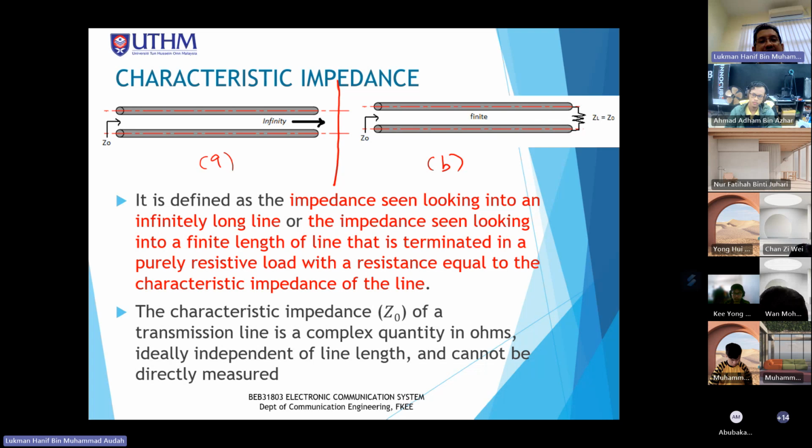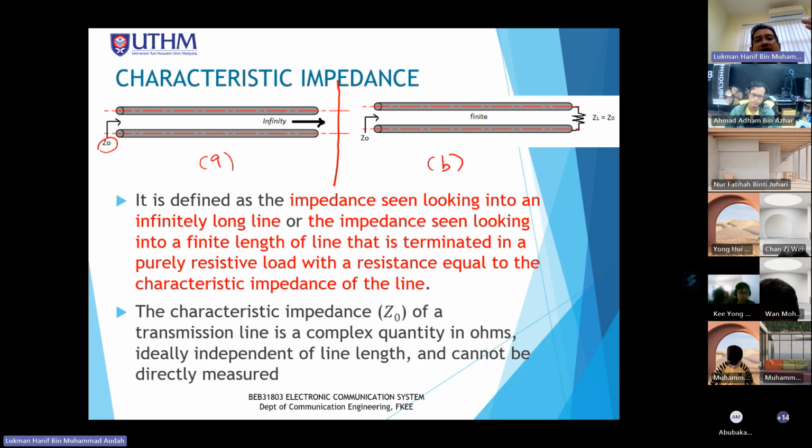Picture A is for a long transmission line, an infinite length of transmission line. The characteristic impedance Z0 is the input impedance seen looking into a long transmission line. Regardless of the length of the transmission line, the characteristic impedance is the same.